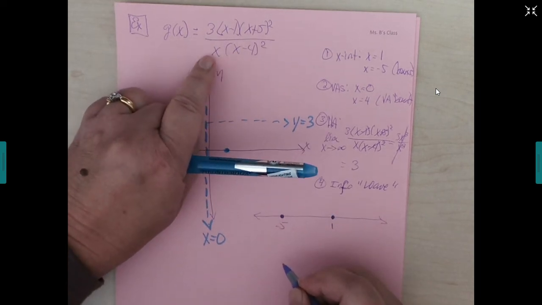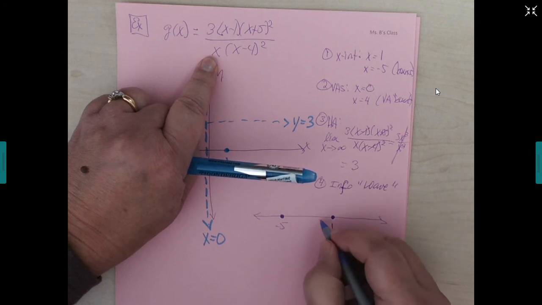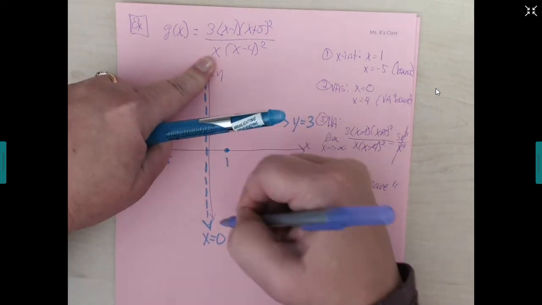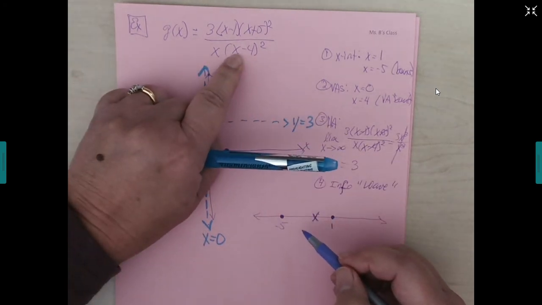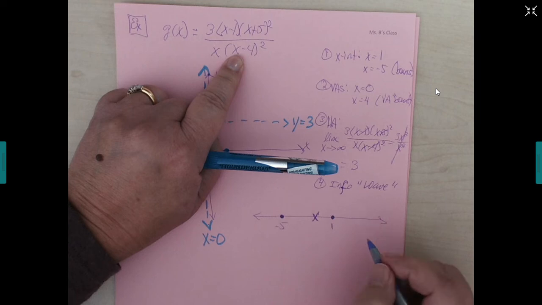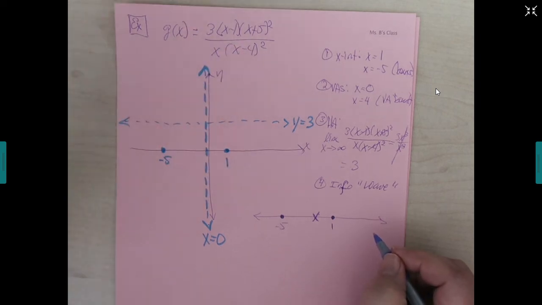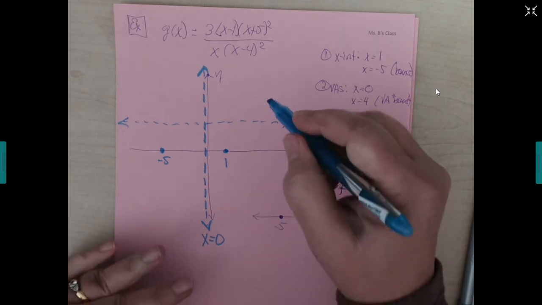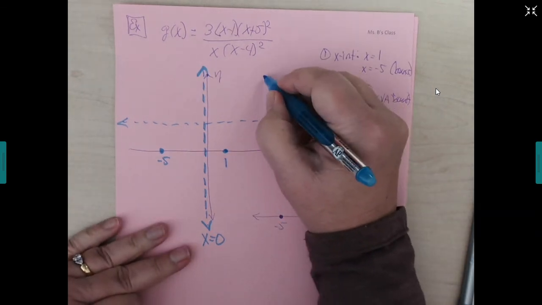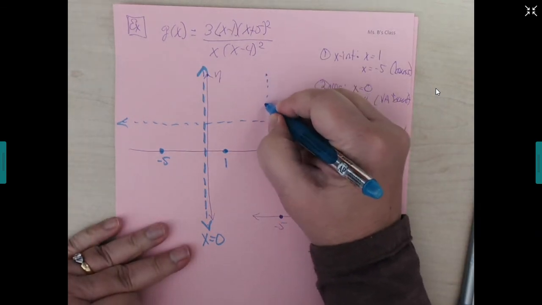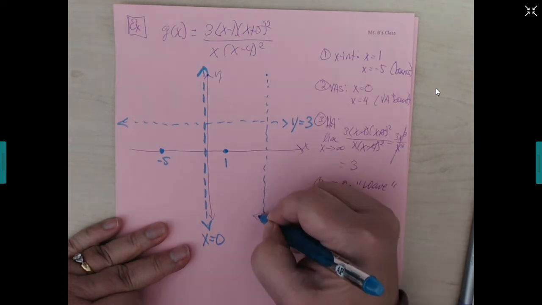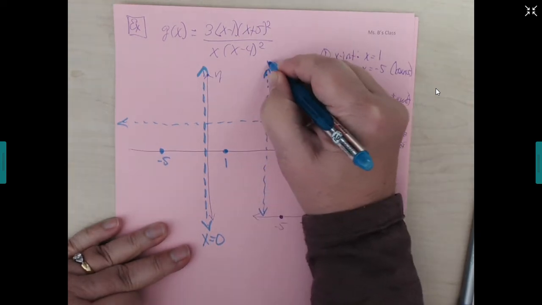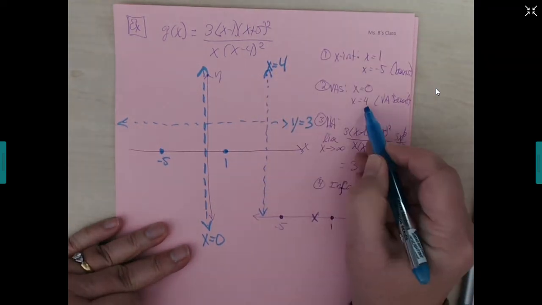There is a vertical at 0. So make an X for verticals because not allowed. X means it's forbidden to cross it. And there is a vertical at 4, which I never wrote in there, did I? Let's do that one too. I did not do the 4 on here either. X equals 4, right?